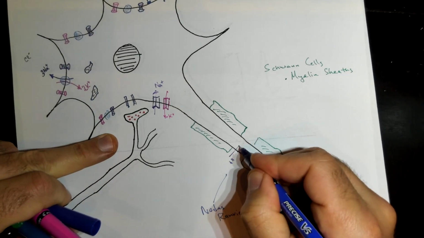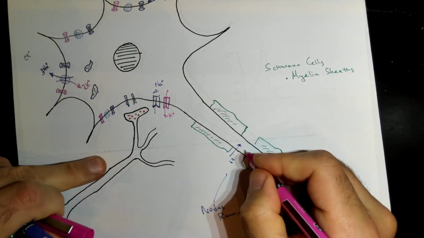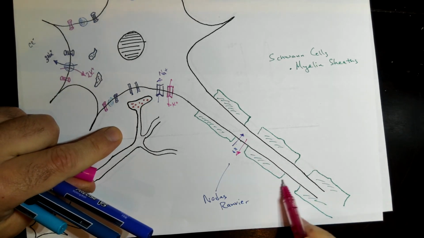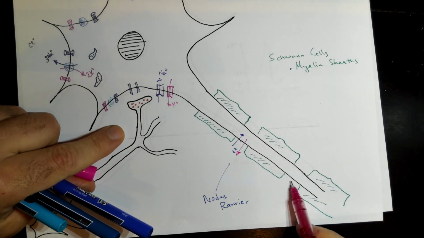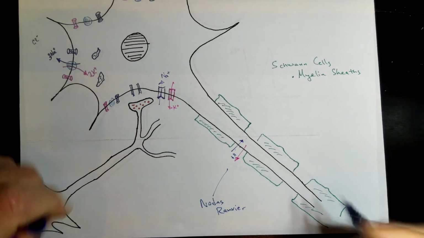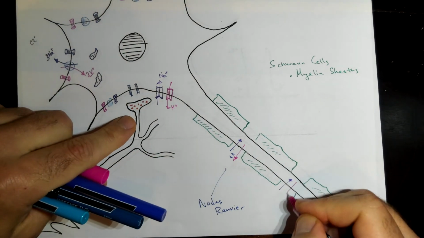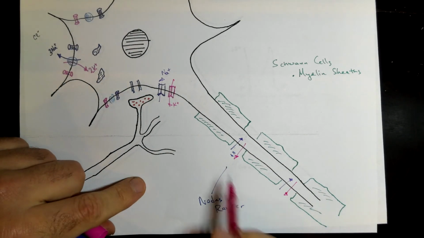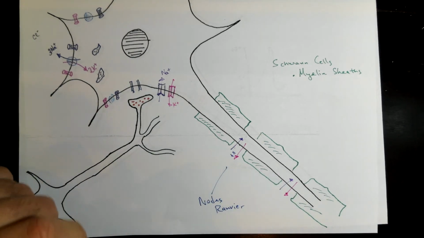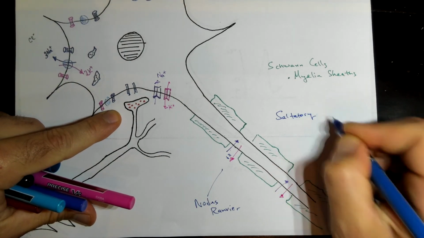And at that node, you have sodium coming in and then potassium going out. And likewise, now you can skip this whole piece of myelin and jump to the next node, where you have sodium going in and potassium going out. This is much faster, and this is known as saltatory conduction.